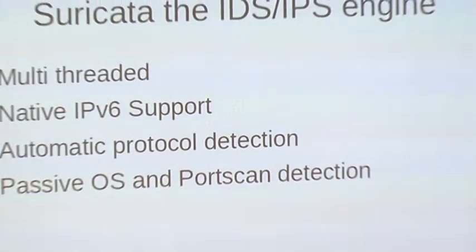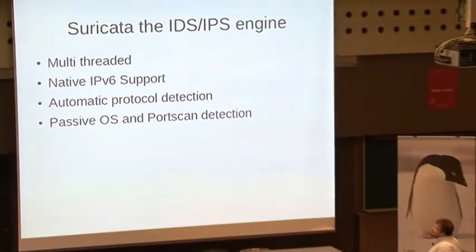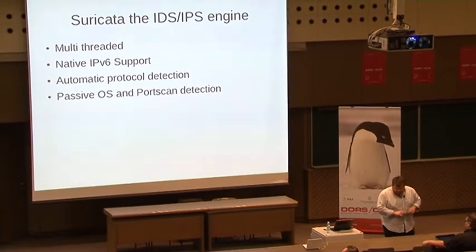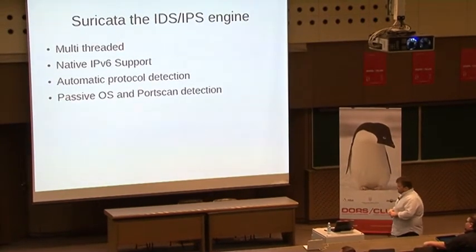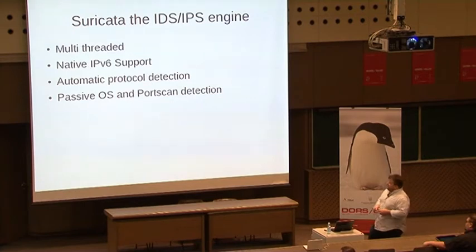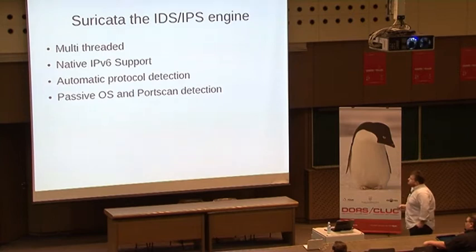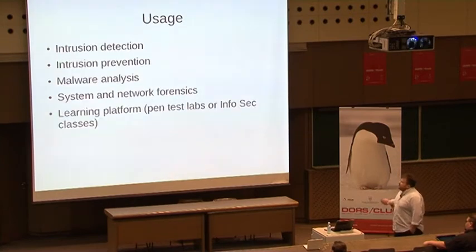So it uses this new intrusion detection engine that won't replace Snort for those using Snort right now, but I think it's more powerful as a multi-threaded engine and has some cool features like IPv6 support, and of course has passive OS and port scan detection that works really great.